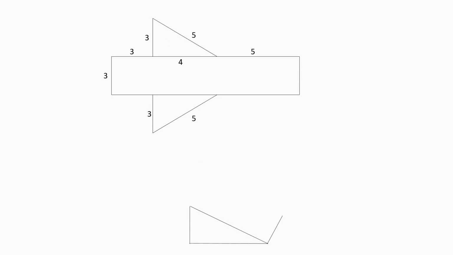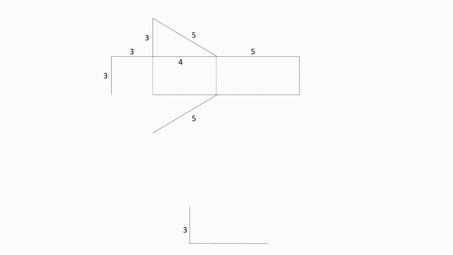And so the first thing we have to note is there will be fold lines on the net, which I have indicated using the dotted lines. Then, in order to know how the solid will look like, I'm going to illustrate how the edges are formed. The first edge is formed by two edges, and hence it's 3 units long.